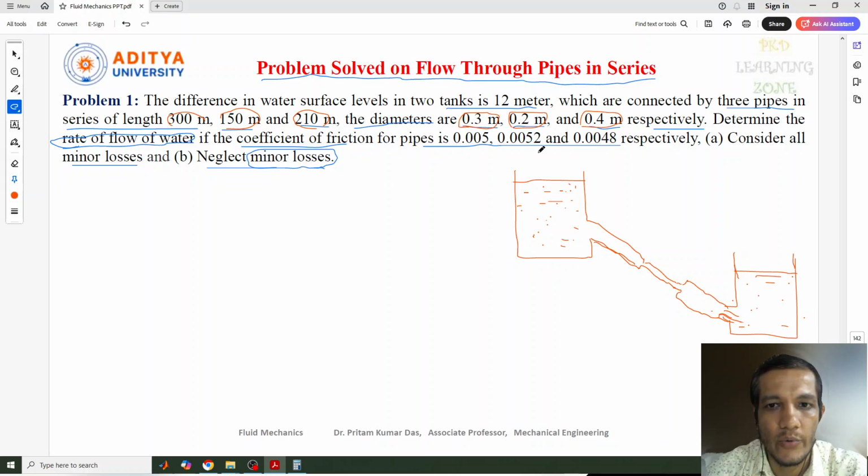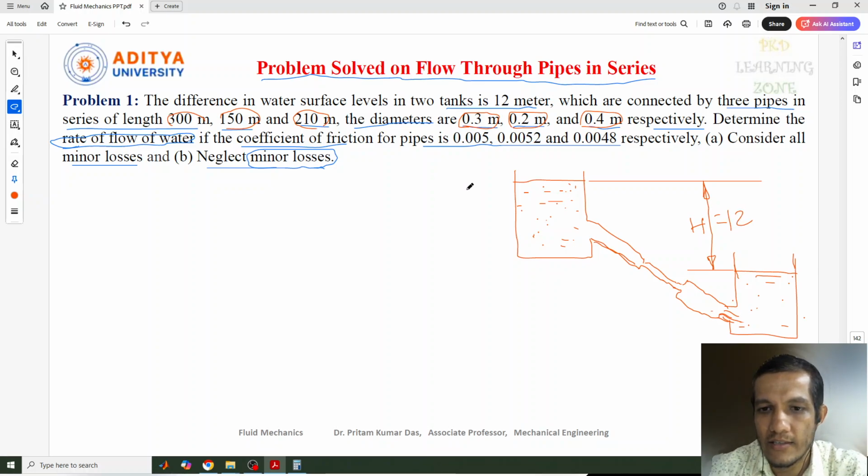So the difference between the two tank surface levels is given, and that is nothing but h. So the height h we can write equal to 12 meter.